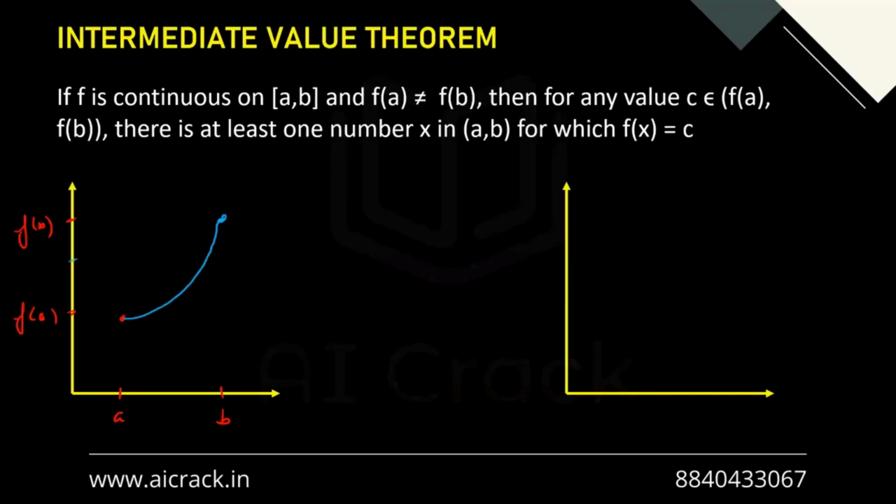Now again taking a point c over here, extrapolating over here, and again we are getting one point between a and b, x1. Now it is clear that if the function is continuous between a and b, and if we are taking a point c between fa and fb, in that case we are going to get a point x1 between a and b for that particular value on the function. So you can try out with different kinds of graphs, but with continuous graphs, you'll always get a point between a and b over here.